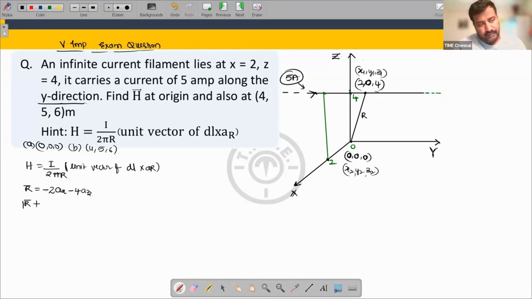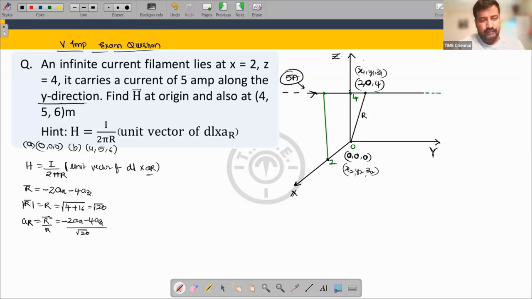Mod of r is under root of 4 plus 16, under root 20. aR is r by mod r, minus 2ax minus 4az by root 20. So you got the aR ready now.